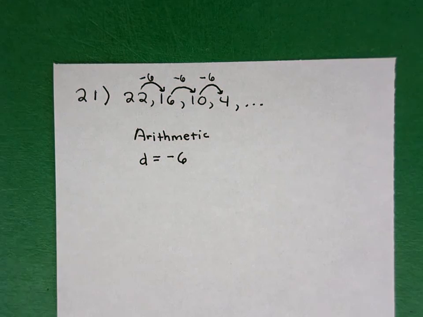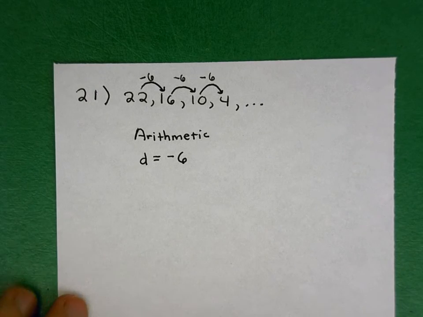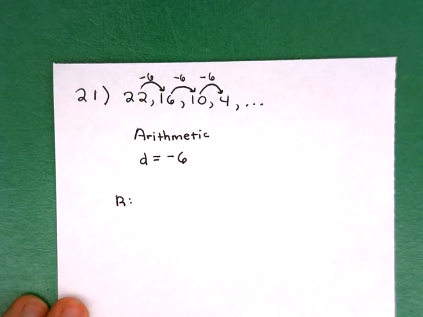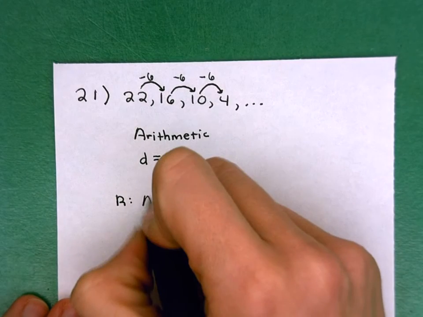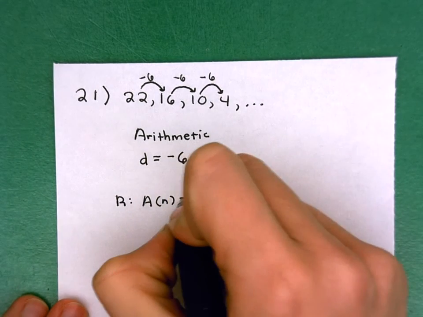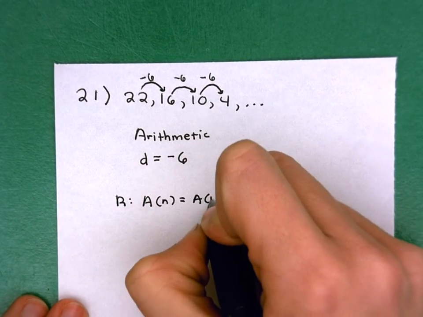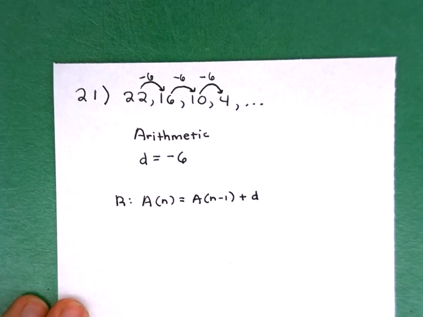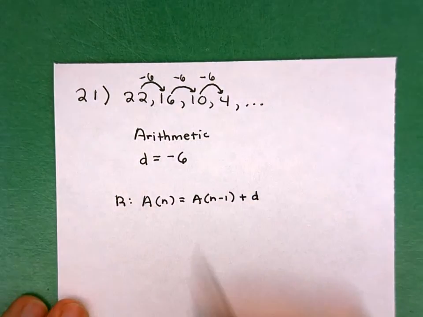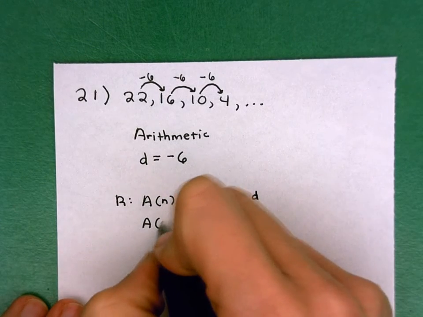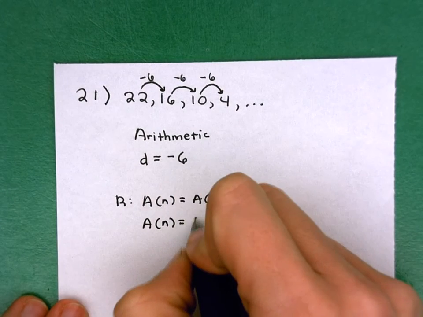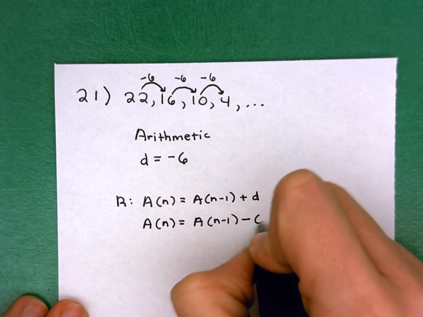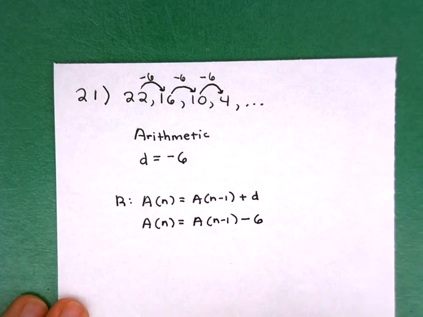And so we're going to use that fact then to construct our recursive and explicit formulas. Okay, so the recursive formula, I'm going to go ahead and put R for recursive, is A of n equals A of n minus 1 plus my D. And so for this particular sequence, this would make my recursive formula then A of n equals A of n minus 1 minus 6, because my D is negative 6.